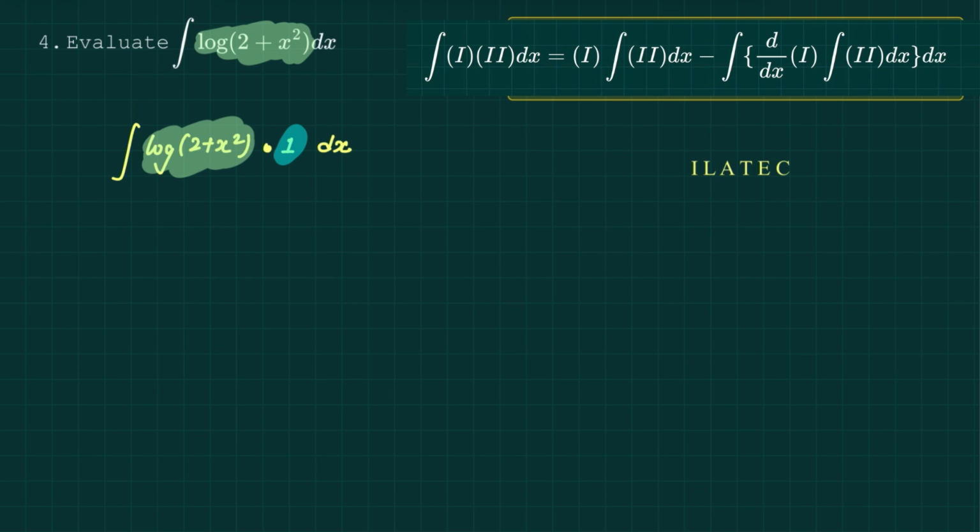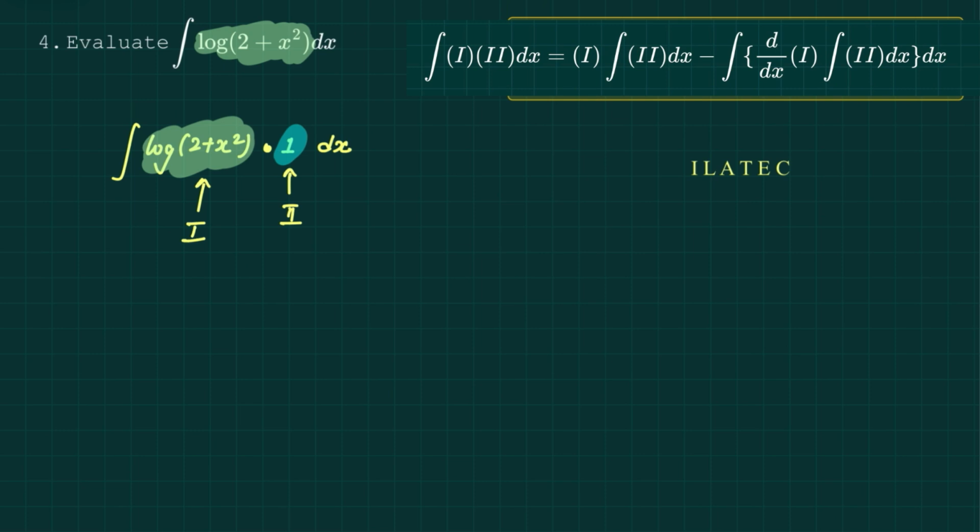So here this is my first function because this is a log function, and this I will consider a second function because this is a constant, and as you can see the constant lies at last in this I-LATE rule.